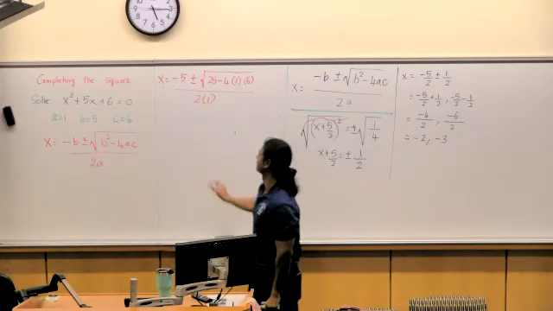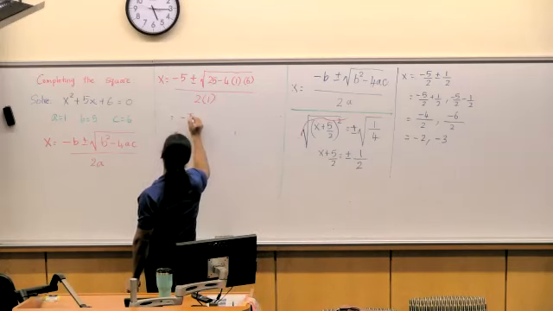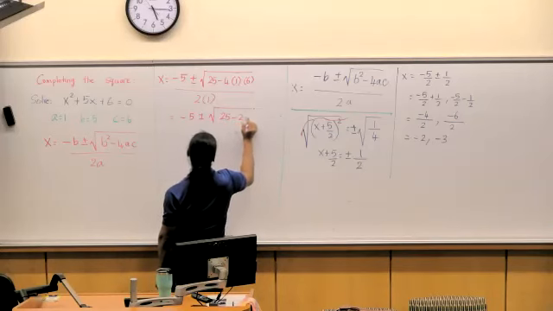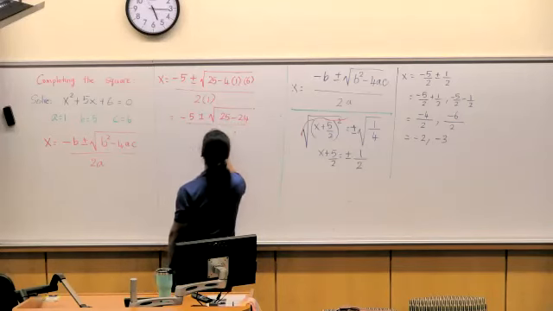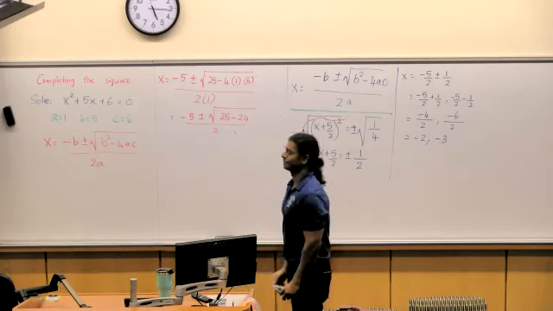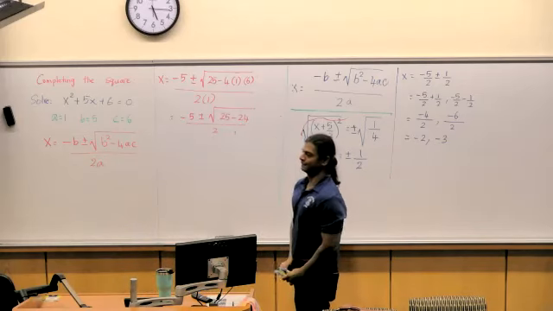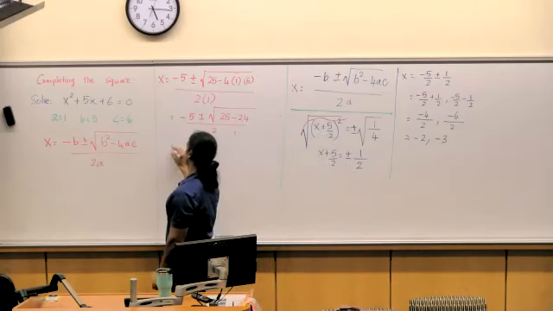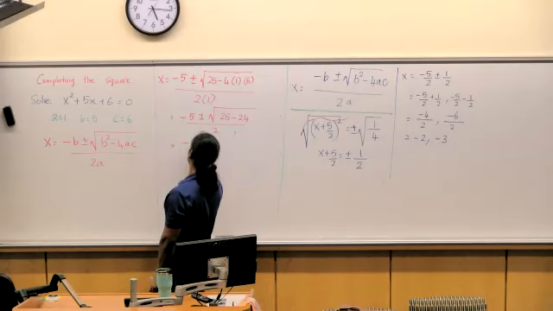Good. Minus 5 plus or minus square root of 25 minus 24 divided by 2. Good. 25 minus 24 is 1. Square root of 1 is 1.